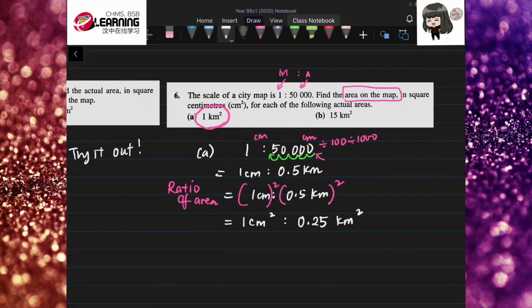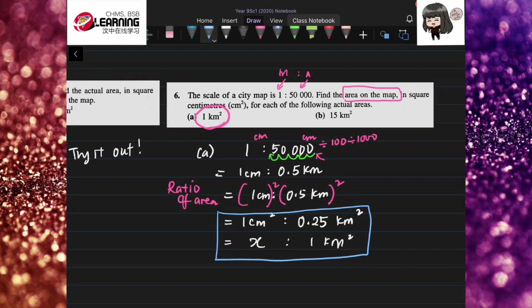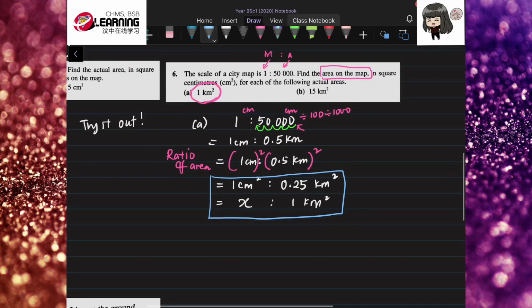Right? So we need to find the area on the map, x, if it's given 1 kilometer square. This is from the question part A. So we cross multiply this part here.